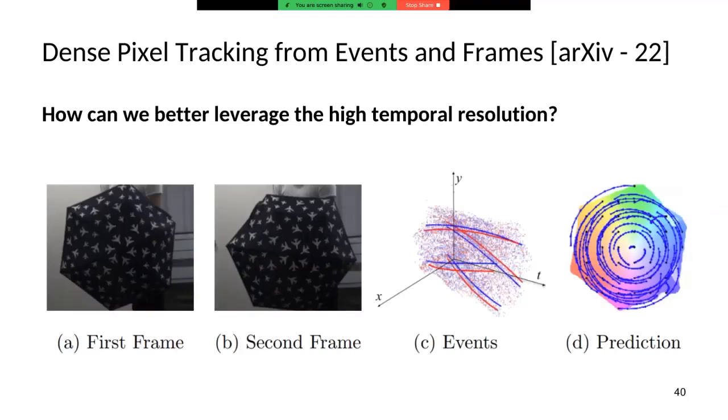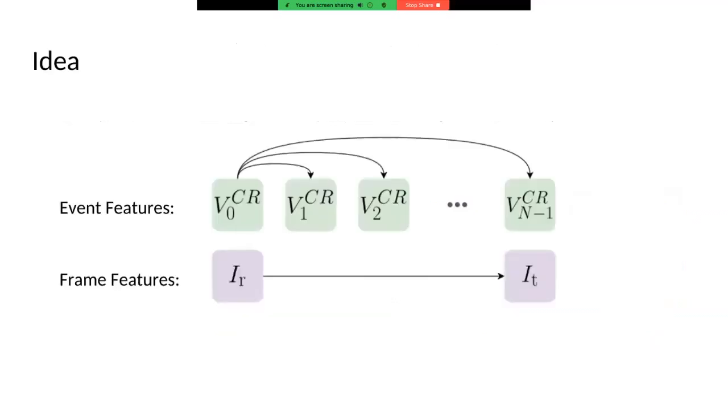And the idea is essentially that we have, for example, 2 frames available, so the first and the second frame, and the events in between these 2 frames. And we want to predict the continuous motion of pixels in image space. And the general idea is that we have event features that we extract from the event stream.